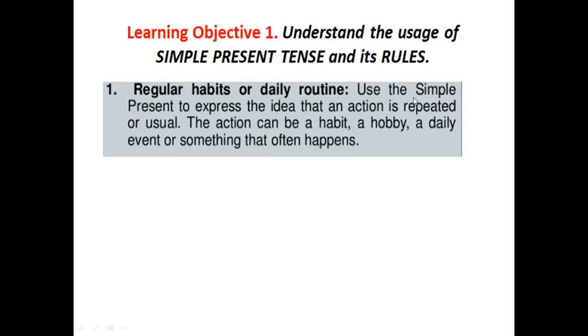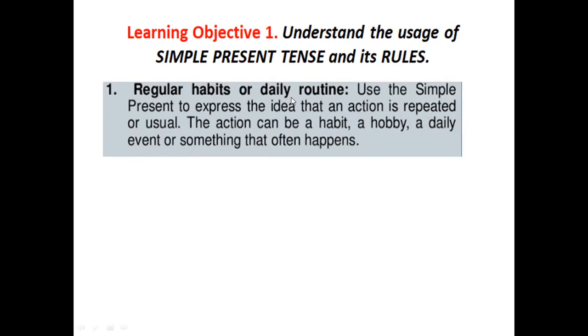Use the simple present tense to express the idea that an action is repeated or usual. The action can be a habit, a hobby, a daily event, or something that often happens. So once again, we can use simple present tense for regular habits or daily routine.